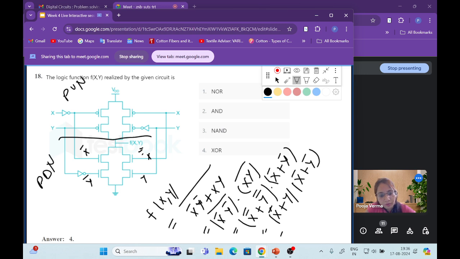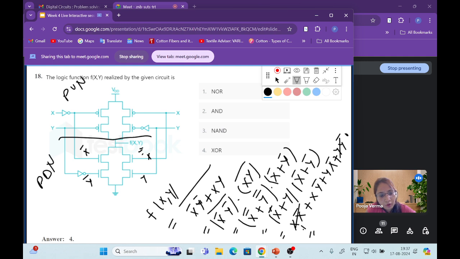Now multiply these two, x into x dash plus x into y dash, then y into x dash plus y into y dash. x x dash and y y dash will be 0, right? This will be cancelled out.